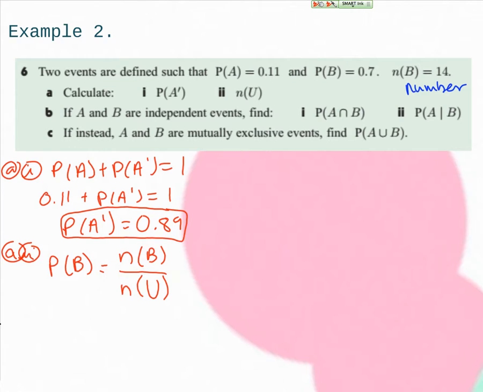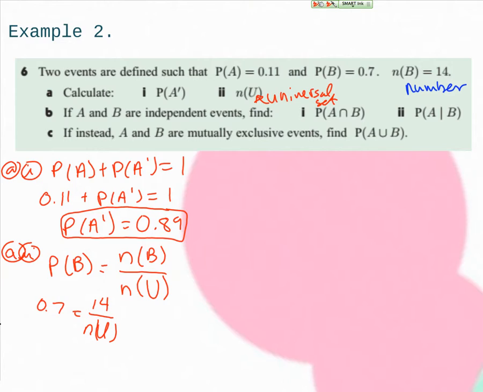So I kind of jumped into the formula without going back to the problem, but we can use this to find out how many items are in the whole thing, because that's the universal set. So we know the probability is 0.7. We know there are 14 items in part B, but what we don't know is the total number of items.